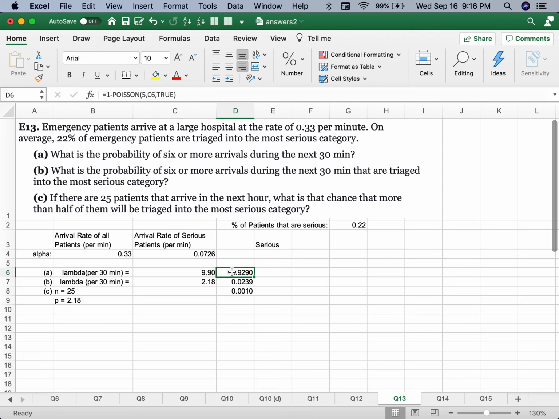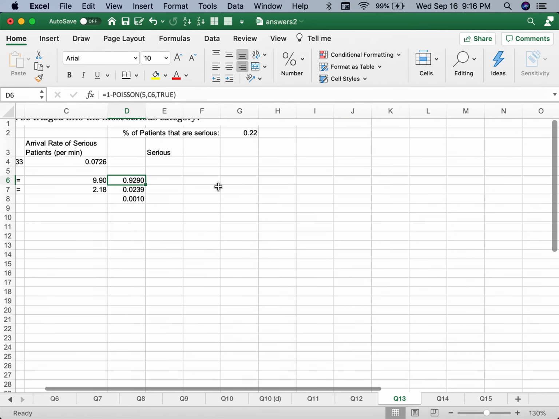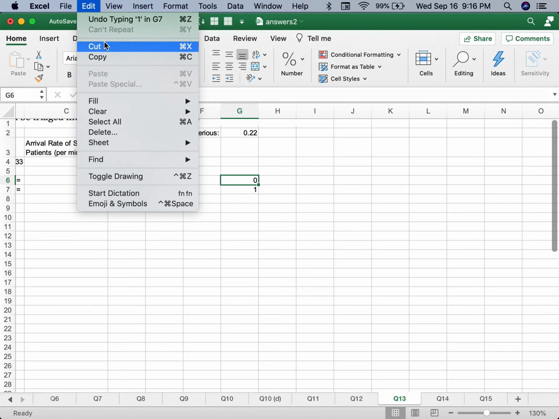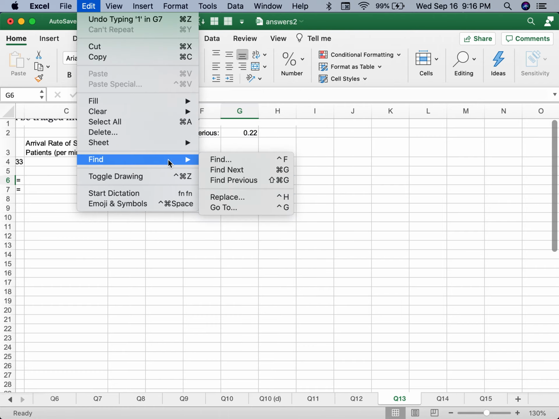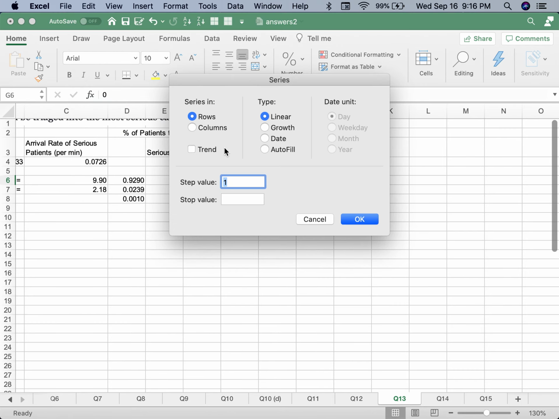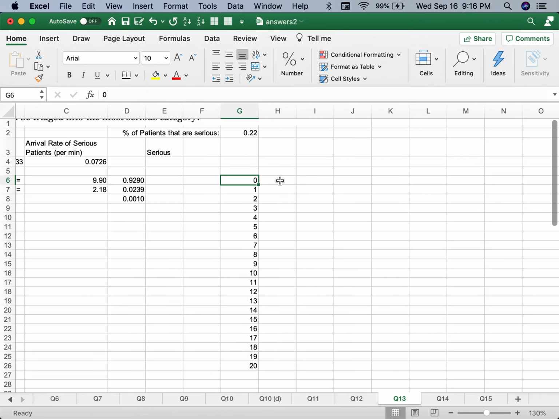Let me just show you real quick how that would look if you were setting it up. There's a probability of 0 patients, of 1, and let's just take this and say Edit, Fill, Series, and in the columns, go from 1 to 20. Click OK. There's 1 to 20.